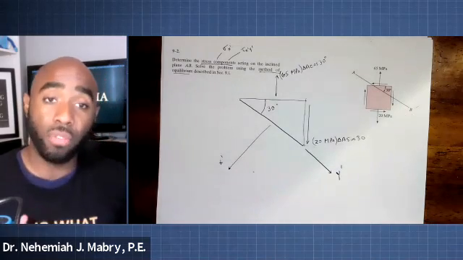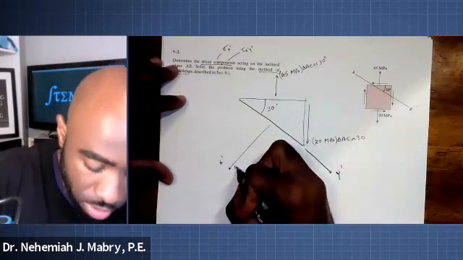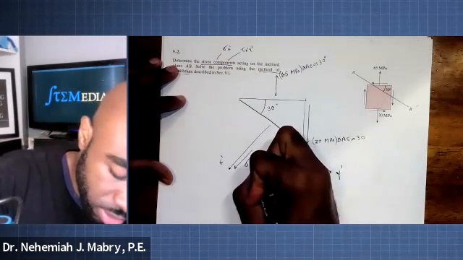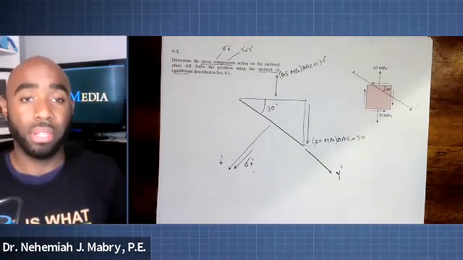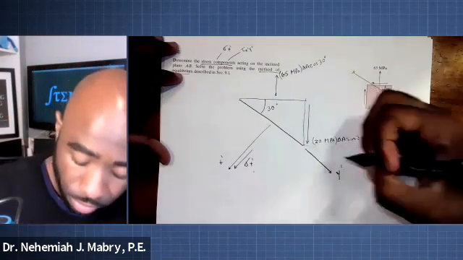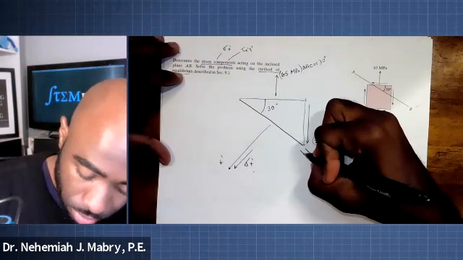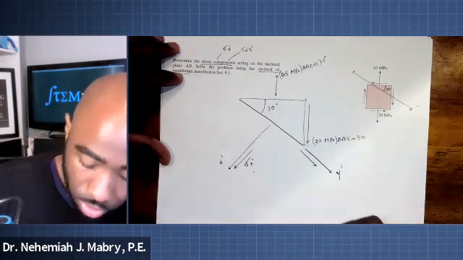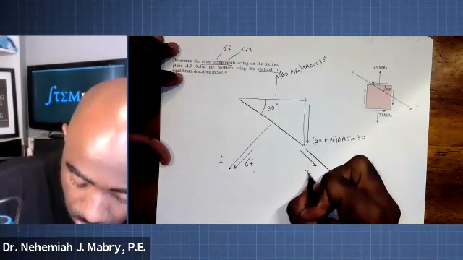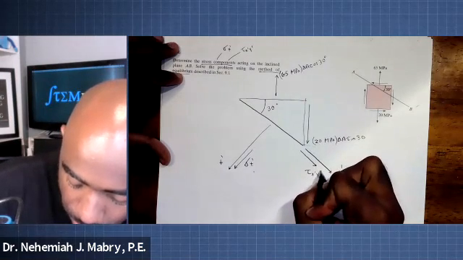What we're trying to solve for in terms of the stress components is this normal stress, sigma sub x prime, and the shear stress, tau sub x prime y prime.